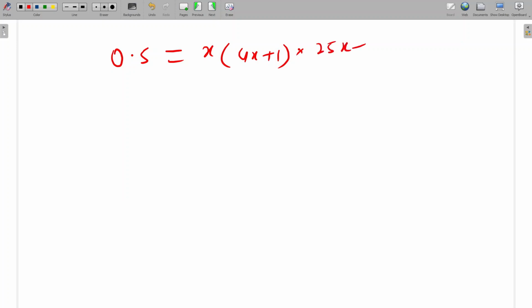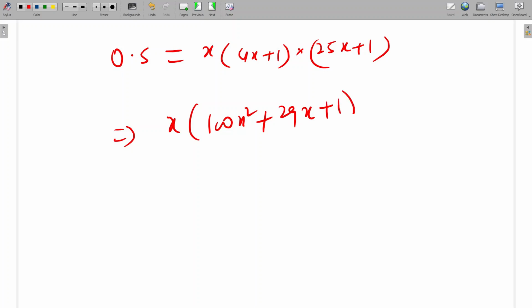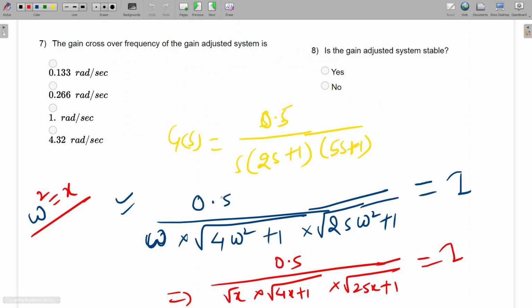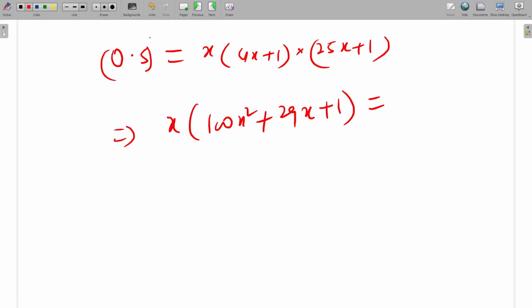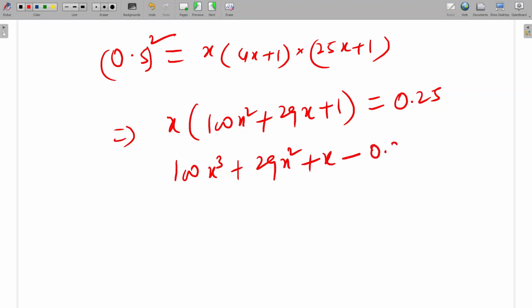So this will be equal to x into (100x square plus 29x plus 1), and if you do the square, 0.5 square will also happen, so it will be 0.25. So 100x cube plus 29x square plus x minus 0.25 should be equal to 0.